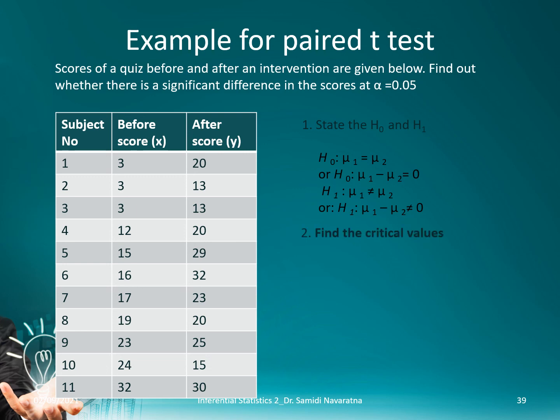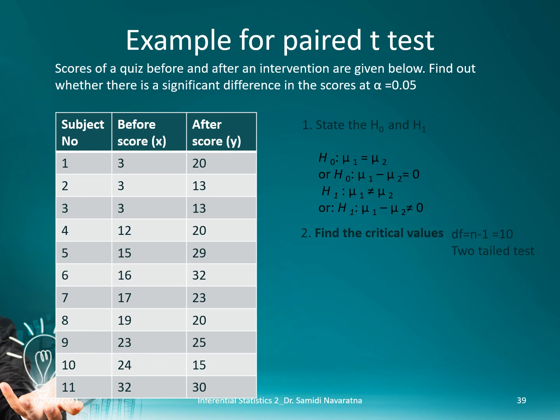Then find the critical values. For that we need the degrees of freedom and the alpha level. The alpha level we already know is 0.05, and the degrees of freedom we can calculate by reducing 1 from the sample size.